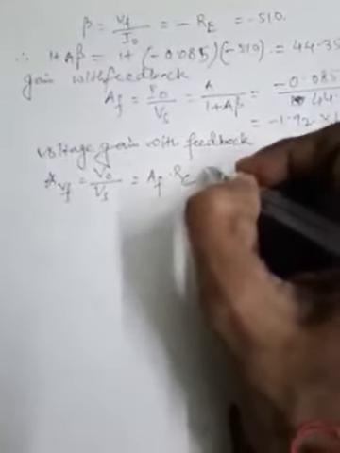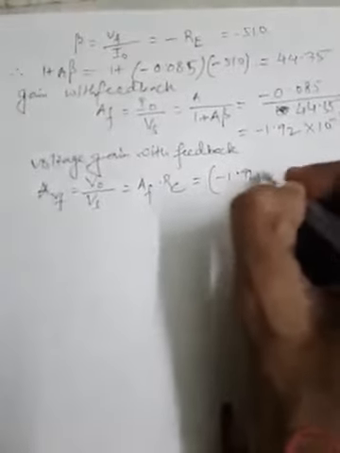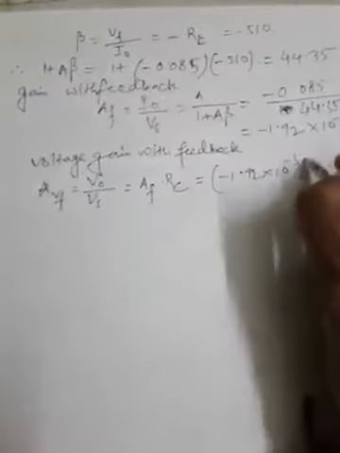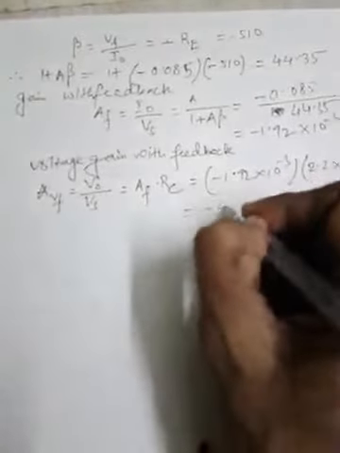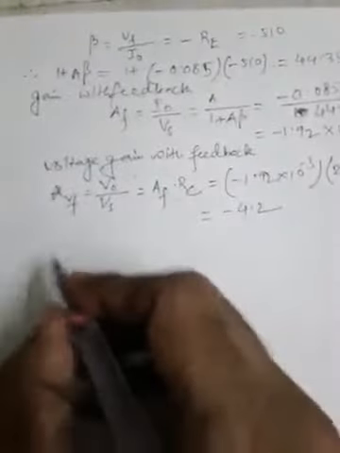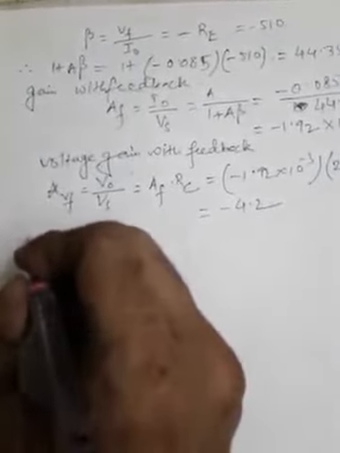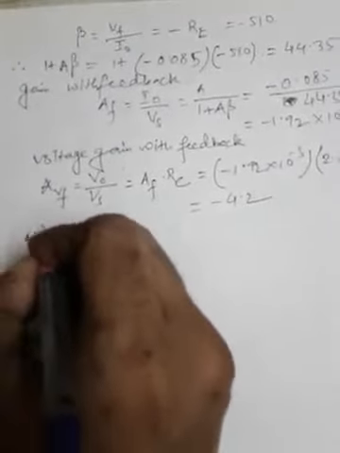We have seen the derivation of this, and AF is found as minus 1.92 into 10 to the power minus 3, and RC is given by 2.2 into 10 cube as given in the problem, and it will come out as minus 4.2.